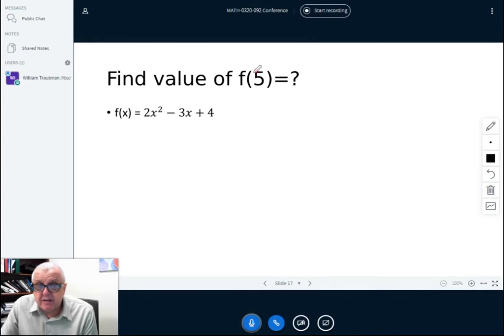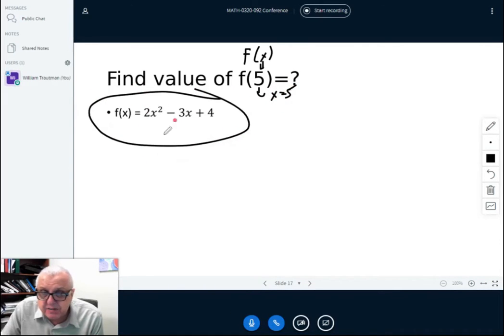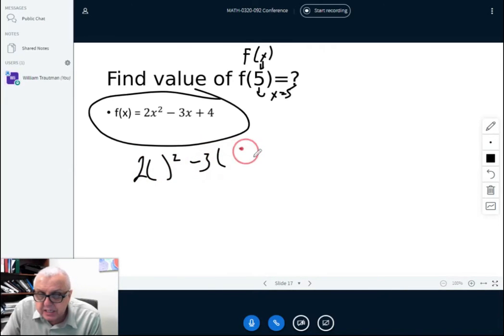Find the value of f of 5. In other words, remember, f of 5 is just f of x. Whatever's in this parentheses, that's what x equals. x equals 5. So we're going to rewrite this function, 2 times x squared minus 3 times x plus 4, and put 5 into it because it tells us x equals 5.